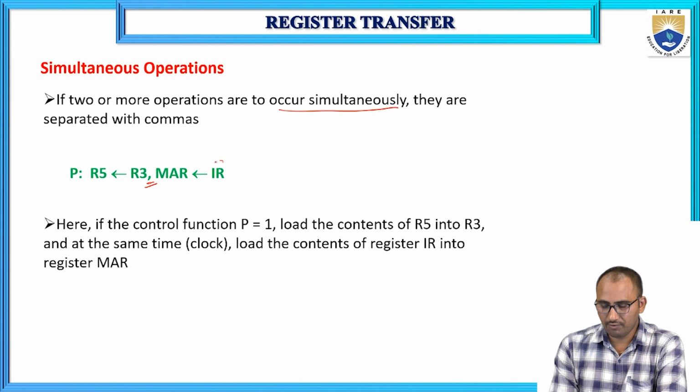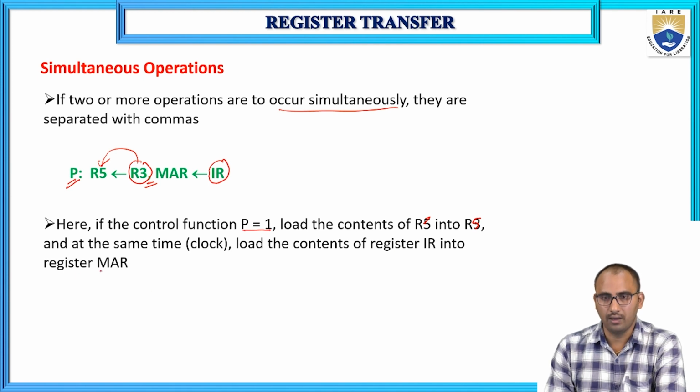If the control function P is equal to 1, load the contents of R3 into R5, and at the same time load the contents of register IR to the register MAR.